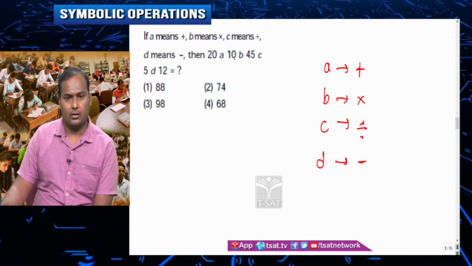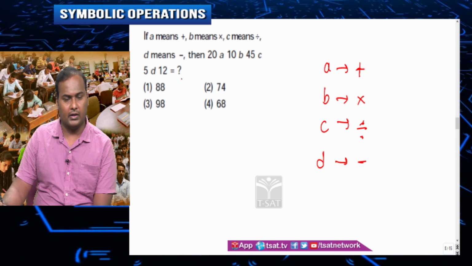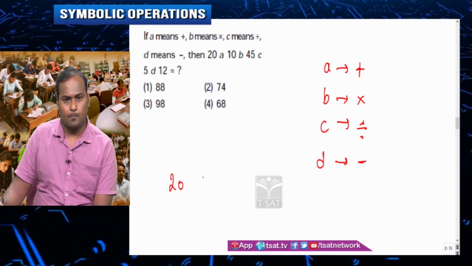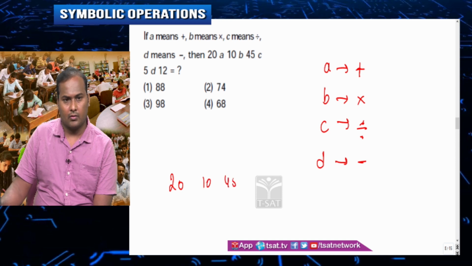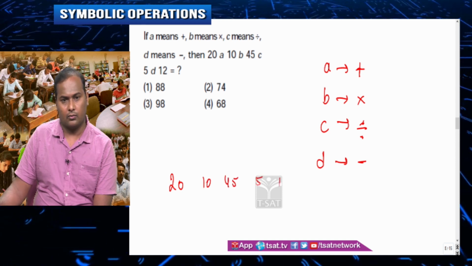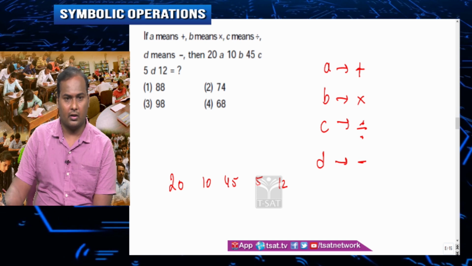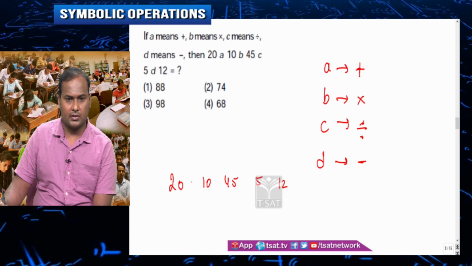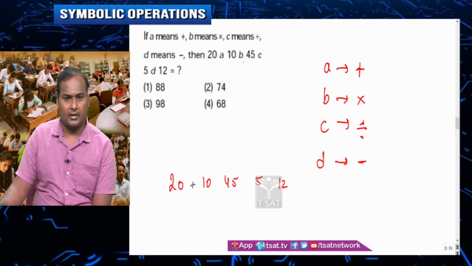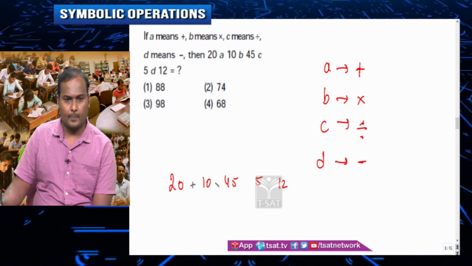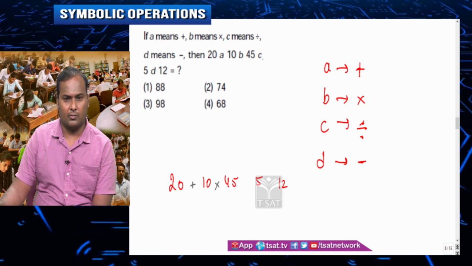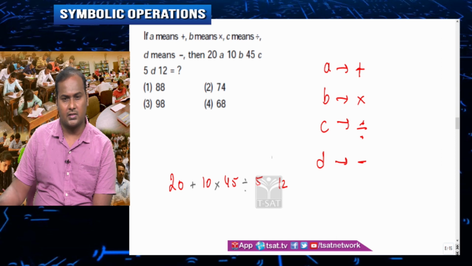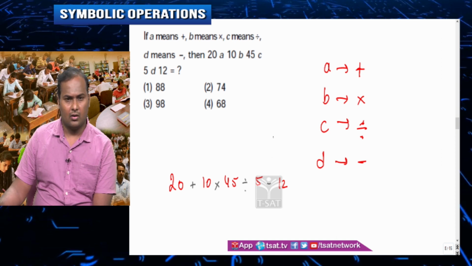Then 20A, 10B, 5C, 5D, 12 is how much, he is asking. So 20, 10, 45, 5 and 12. Now try to replace with the symbols. A means plus, B means multiplication, C means division, D means subtraction.